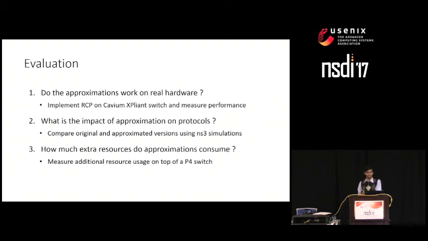And since we are doing so much approximation, does it have a significant impact on these protocols themselves? And so we compared the original and the approximated versions using NS3 simulations. And finally, how much extra resources do we consume when implementing these approximations? And so we are going to measure the resource usage on top of a P4 switch.